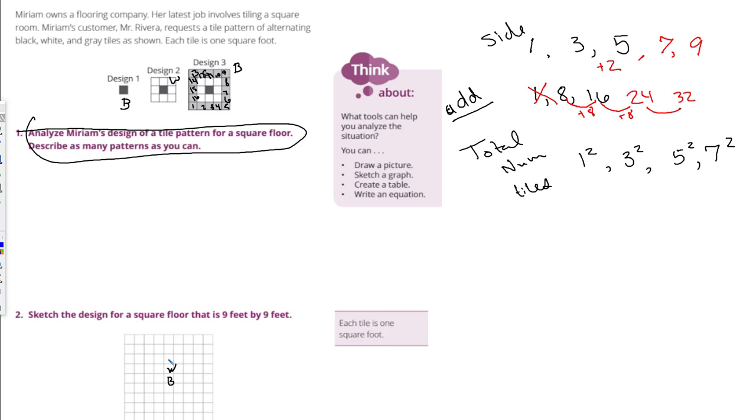Then we went white. Then we went gray. Then black. Then white. And so you're going to have an entire thing of white all the way around. And so forth with each of these. And so white is our outermost color right now.